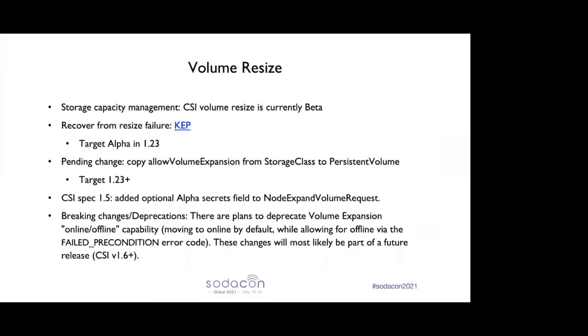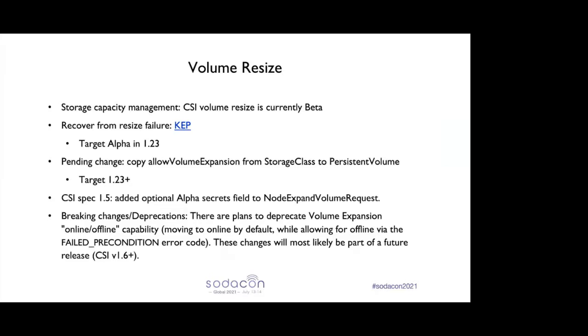recover from resize failure. Sometimes a user may expand a PVC to a size which may not be supported by the underlying storage system. Currently, there is no way for a user to request a smaller size to recover from this failed resize attempt.